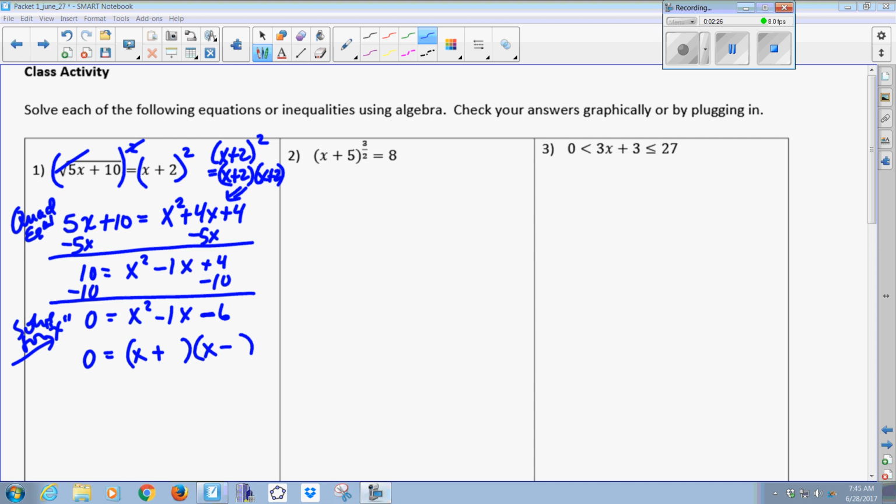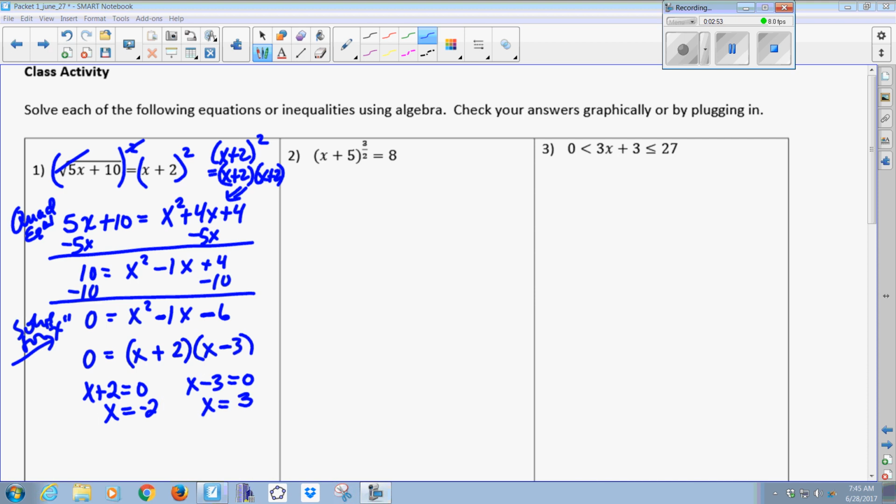And it's 3 and 2. I put the 3 after the subtraction because when I add my middle and outer terms through the distributive property, I end up with minus 1x. Now I set each factor equal to 0, and from there it's a one-step process to solve for x. I get x equals negative 2 and x equals 3.